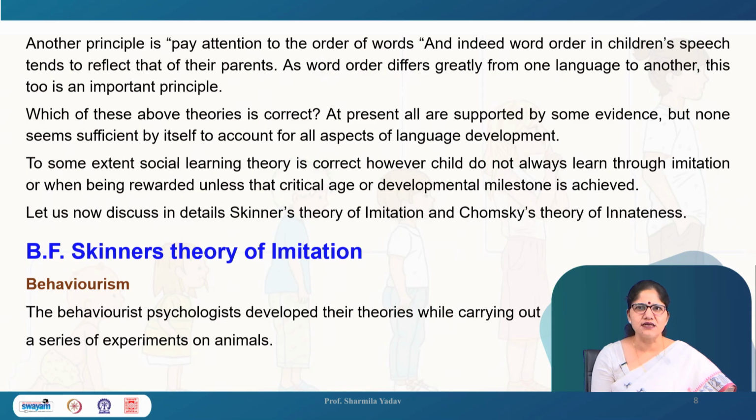At present, all are supported by some evidence, but none seems sufficient by itself to account for all aspects of language development. To some extent, social learning theory is correct. However, a child does not always learn through imitation or when being rewarded unless that critical age or developmental milestone is achieved. Let us now discuss in details Skinner's theory of imitation and Chomsky's theory of innateness and further cognitive theory.